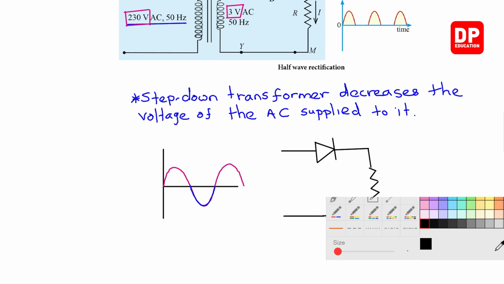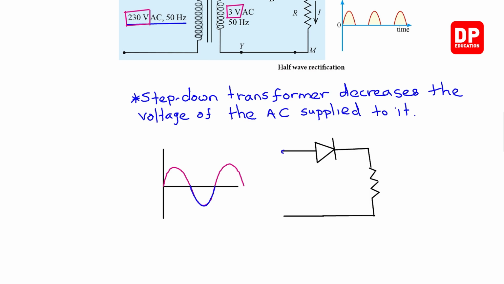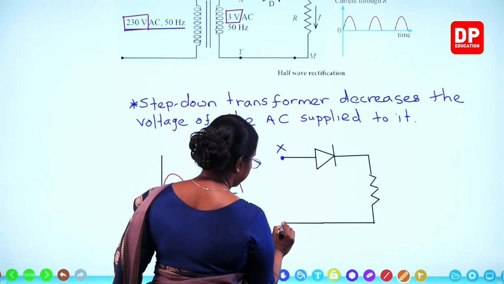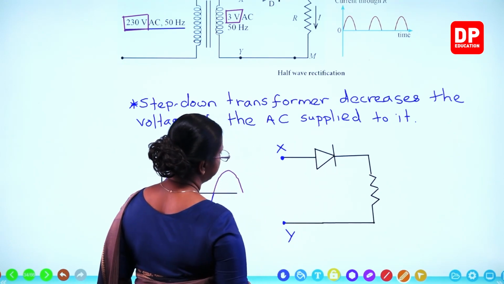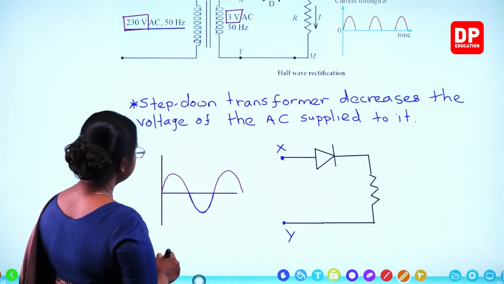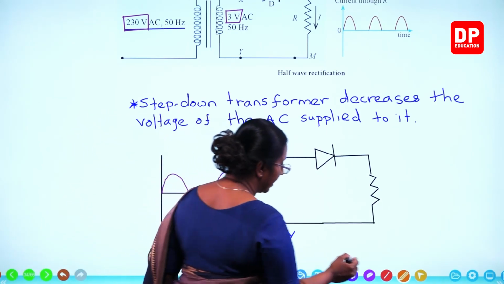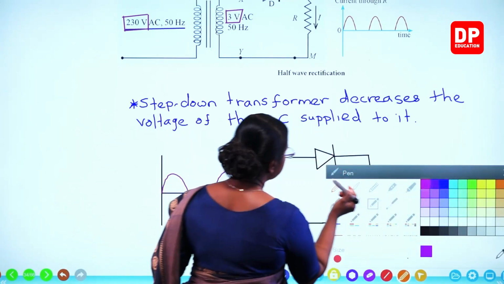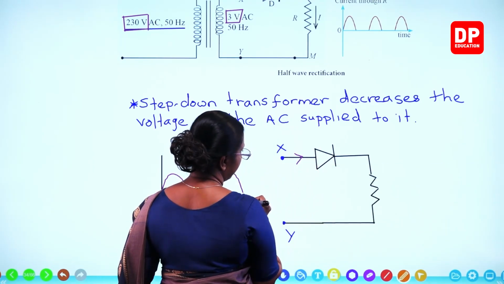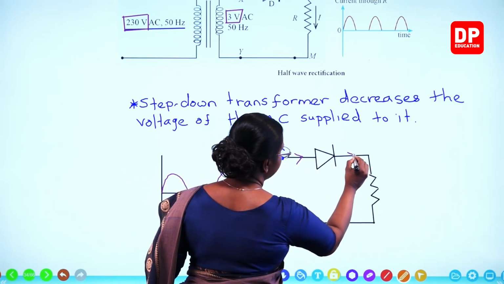Then, okay. So, this is point X. This is point Y. So, initially we will take this as the positive current. So, what will happen? The positive current will flow this way. Through the diode, it will come.